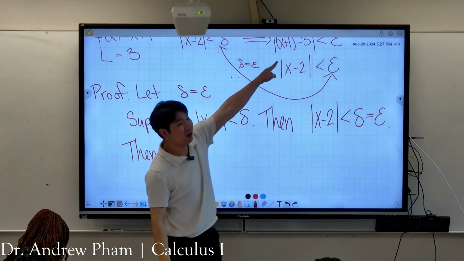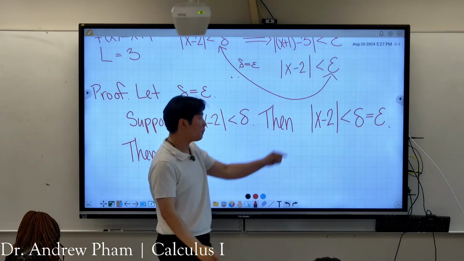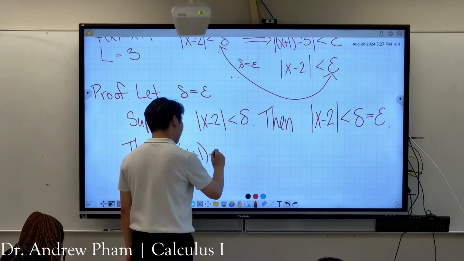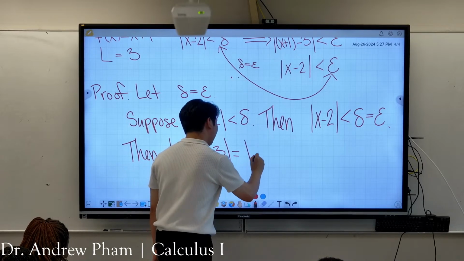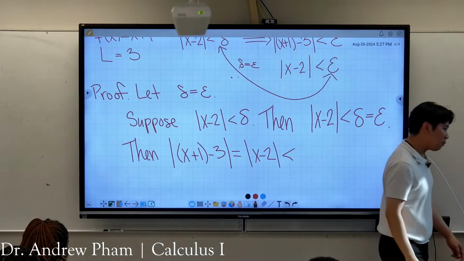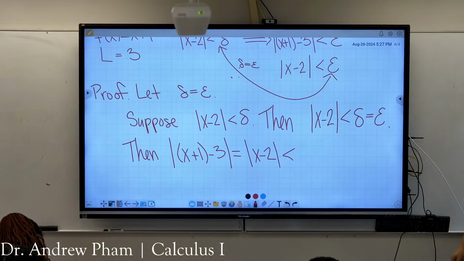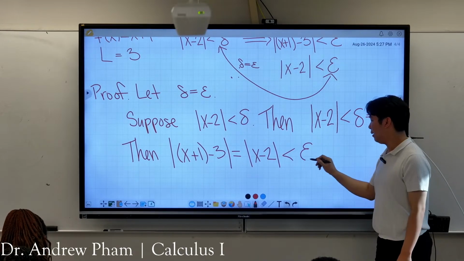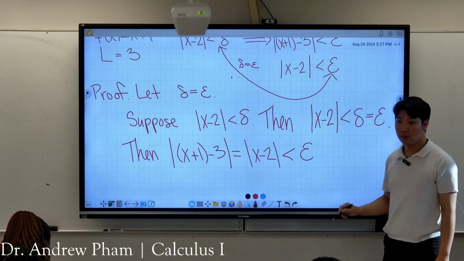Remember, I wanted this to be my end goal. So I'm just going to rewrite that. X plus 1 minus 3. This is still x minus 2. What's x minus 2 smaller than? It's less than epsilon.